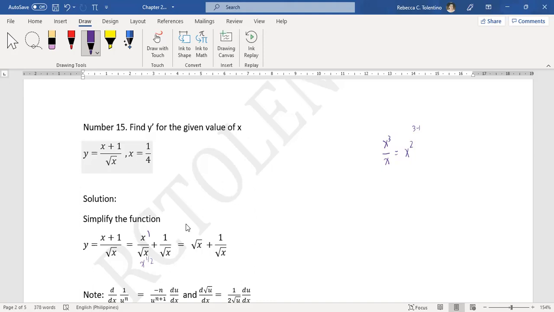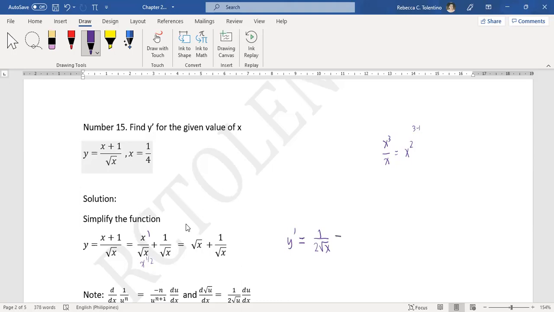So once you have simplified your y, then you take the derivative. Square root of x is actually a special case. If you take the derivative of square root of x, it becomes 1 over 2 square root of x. So this is x to the 1/2, right? And it's in the numerator. If the term is in the denominator, then the exponent is negative.